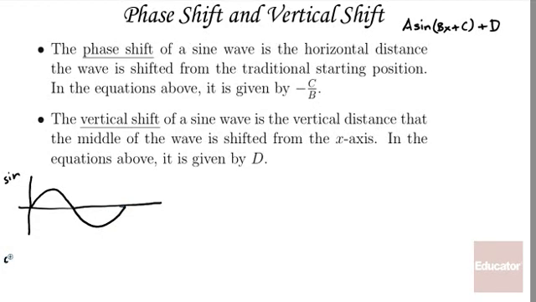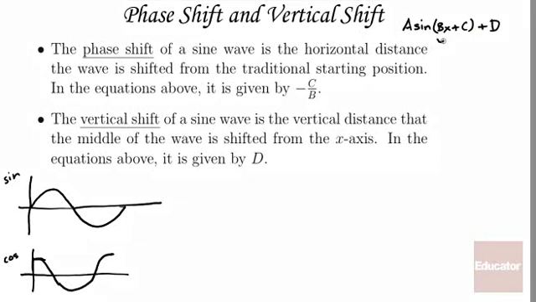And the traditional starting position for cosine would be at 0, 1. Those are the traditional starting positions, but the phase shift will move the graph to the right or the left. In these equations, it's given by negative c over b, and that seems a little mysterious, so let me explain that a little bit.